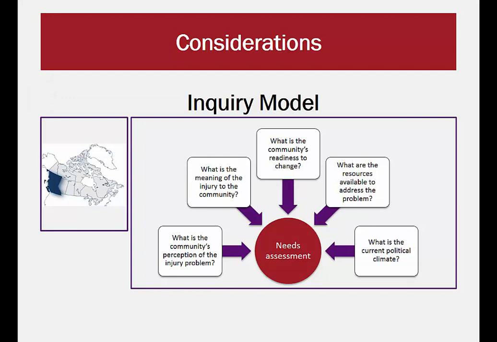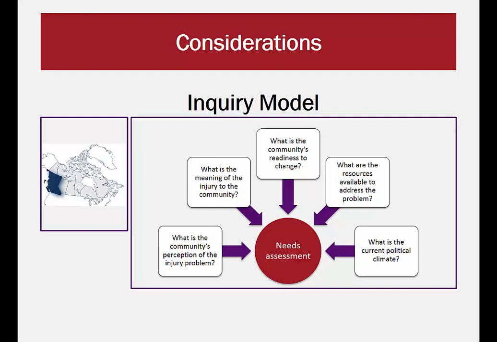The inquiry model for inquiry and populations of interest highlights 5 guiding questions for practitioners when trying to assess the social and political context. These include: what is the setting/community's perception of the injury problem? What is the meaning of the injury to the community?